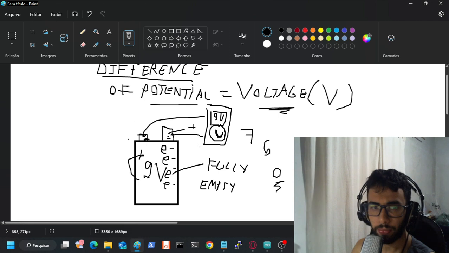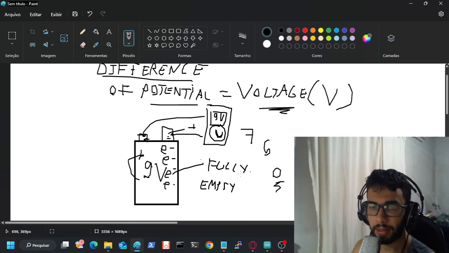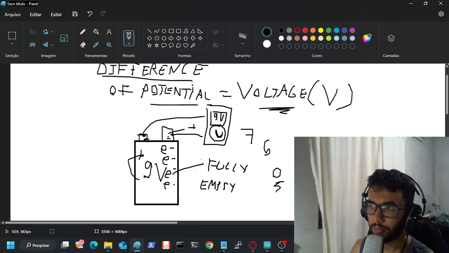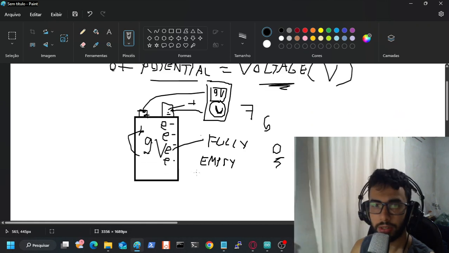So we can't use this battery anymore, unless you have a battery that can be charged.